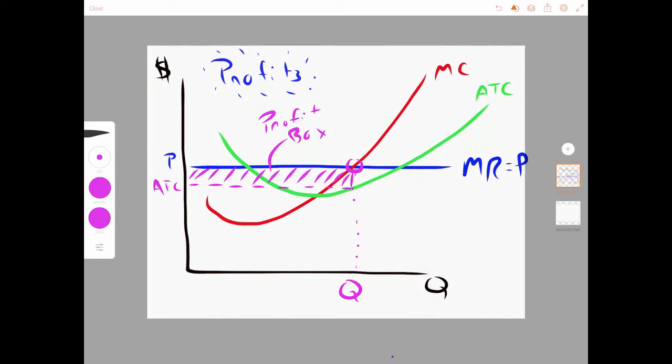There is a profit being earned because price is above average total cost. Okay, so this firm is profitable. Their price is above average total cost. They've set their output so that they're maximizing profit. And here's where the trouble comes in for the firm. Because remember, we are dealing with a competitive market, and there's easy entry and exit into the market.